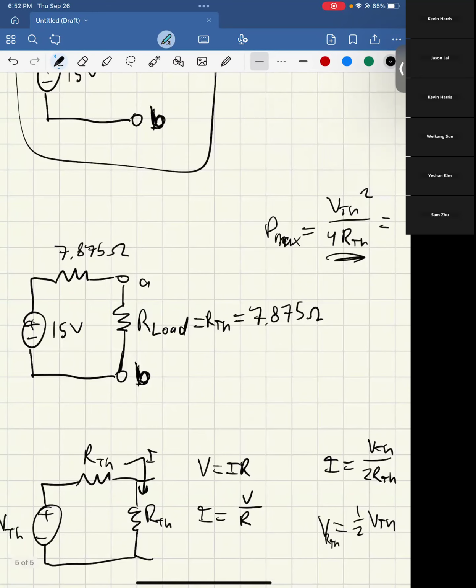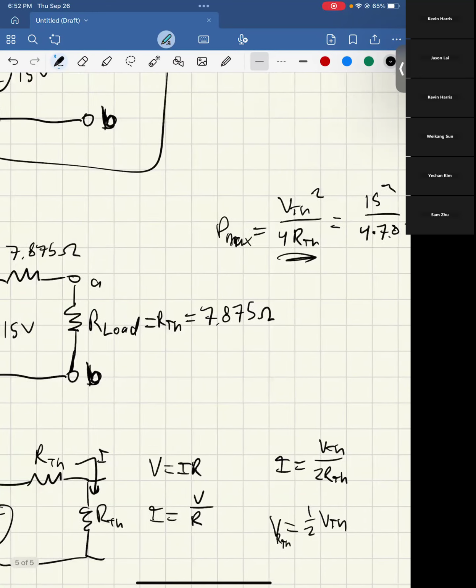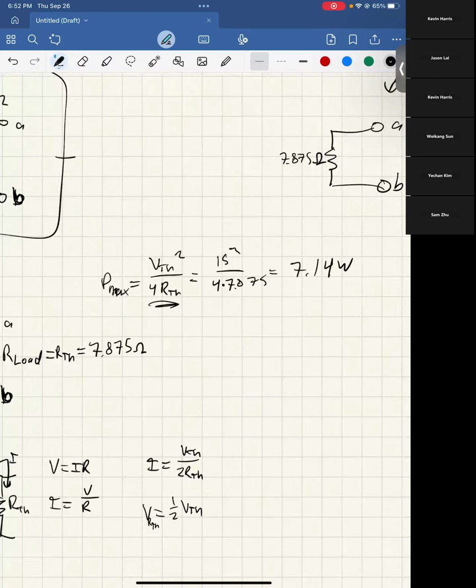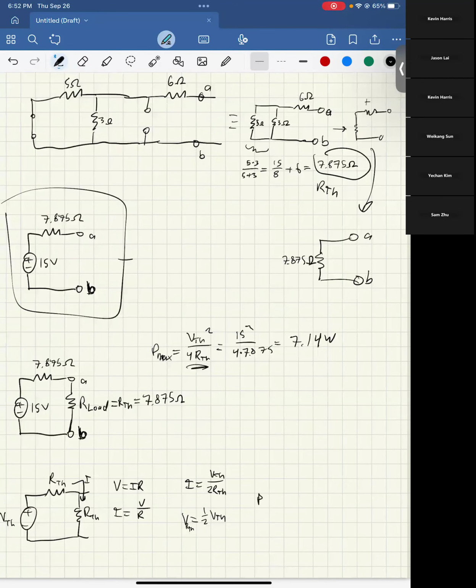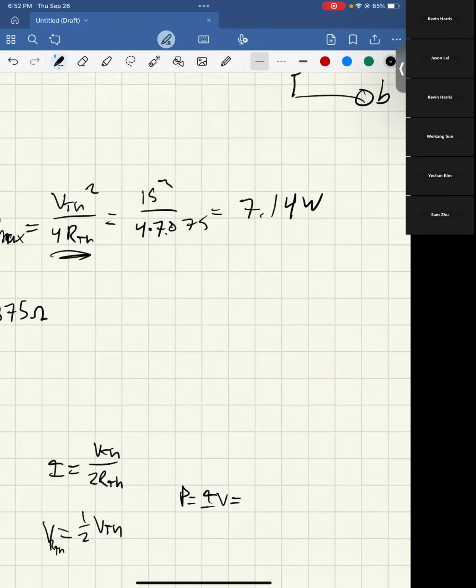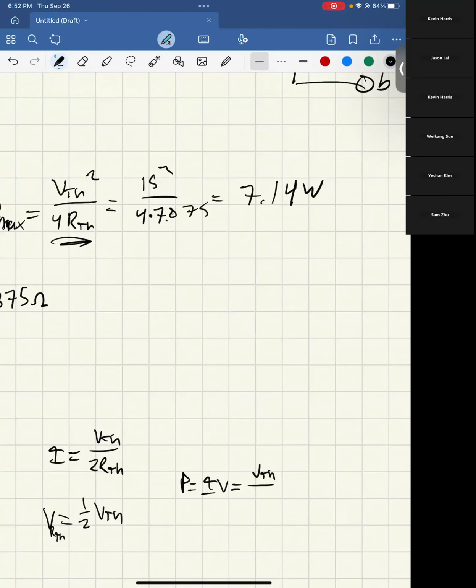They're both going to have the same voltage drop across them. And then P equals IV equals that VTH over 2 RTH times 1/2 times VTH. And that gets you that formula that I showed you earlier.